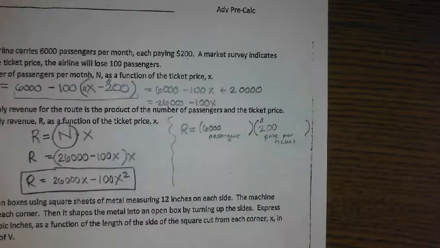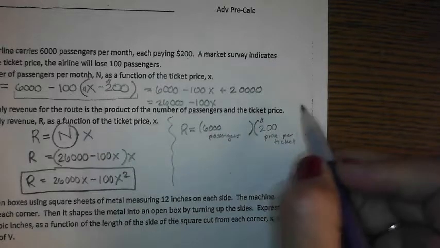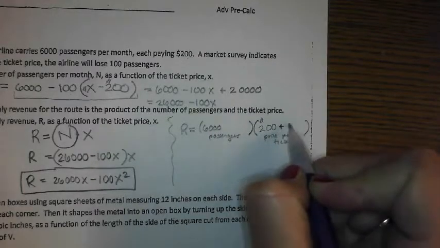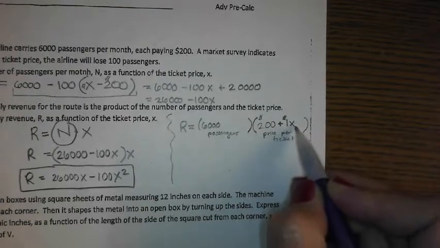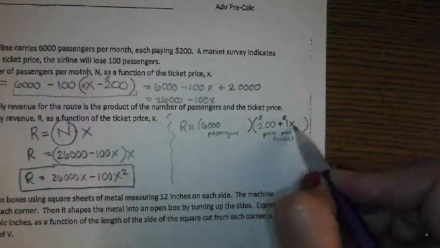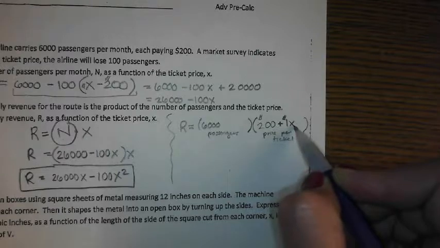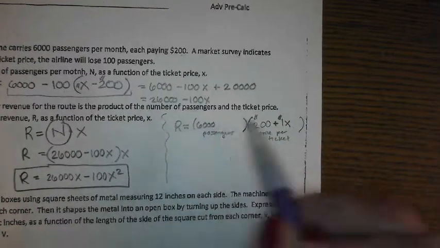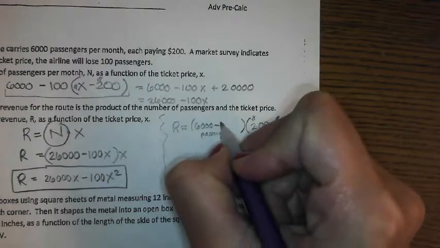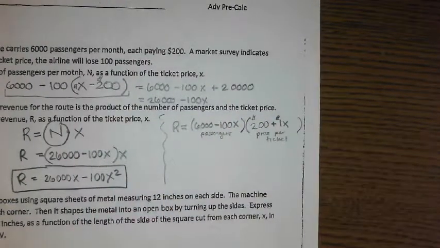And then after these surveys, things change. And what we just found out, what they explained to us, is that every time we increase the price by $1, so X is now going to stand for the number of times we increased by $1. Okay? Every time we increase by $1, the effect is we lose 100 passengers that X time.